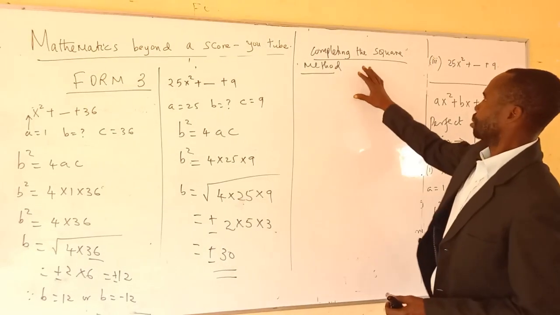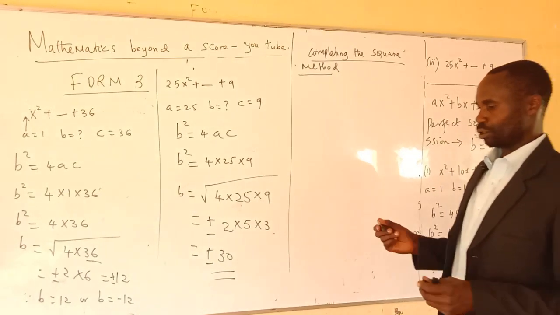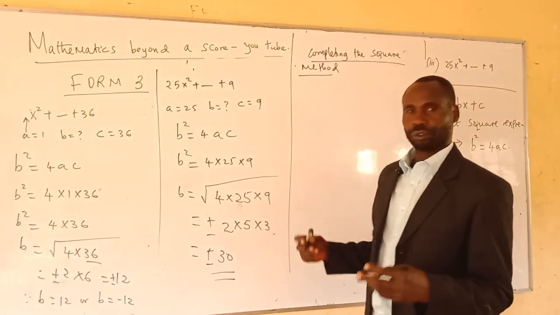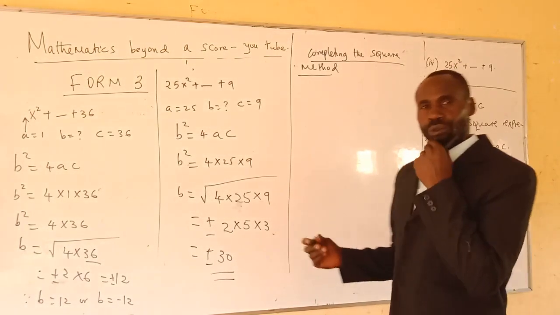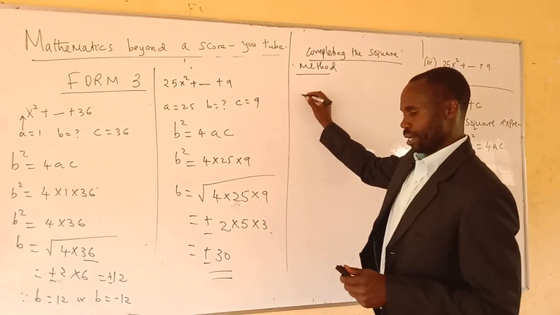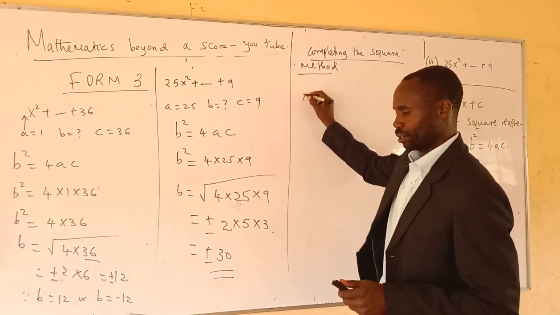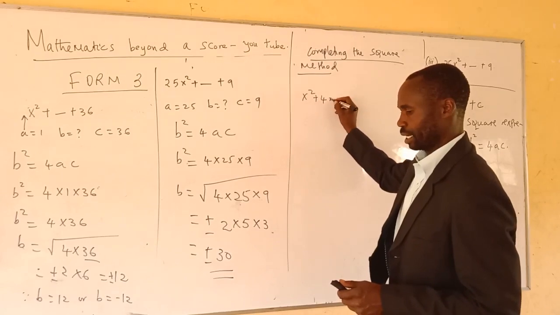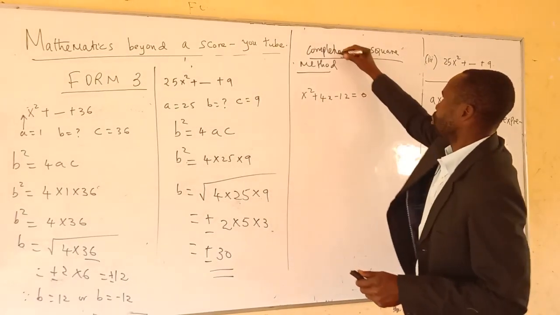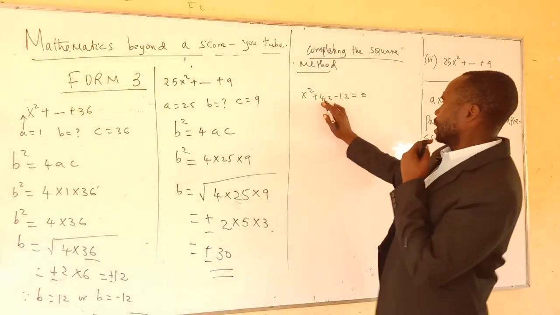Let us use the completing square method to work out a problem that you may not be able to factorize, but you can also use it for problems that are factorizable. I want to work out this problem: x squared plus 4x minus 12 equals 0 by use of the completing square method. This one is easy.